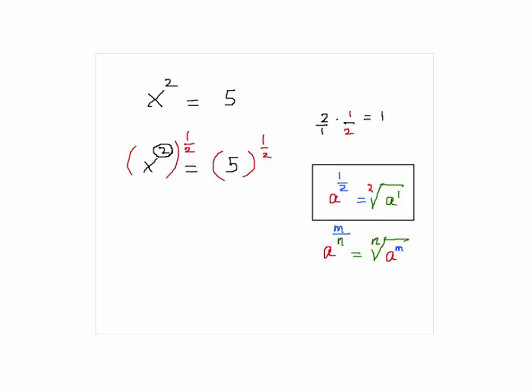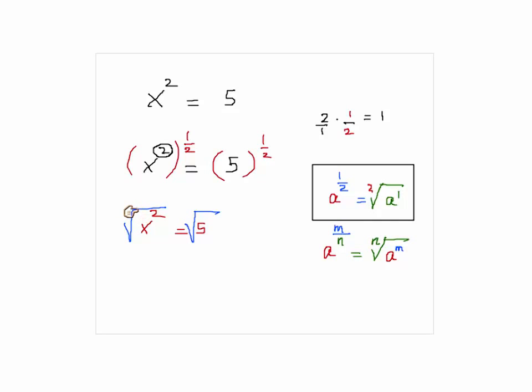So when we are raising both sides of the equation to the power of 1/2 to eliminate this 2, really what we're doing is taking the square root of both sides. Because the square root is nothing but raising it to the power of 1/2.